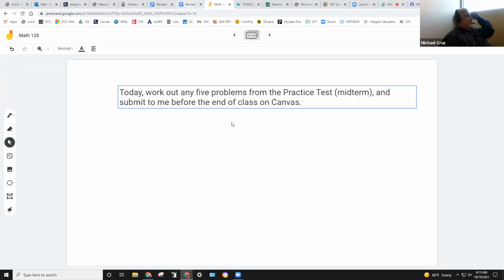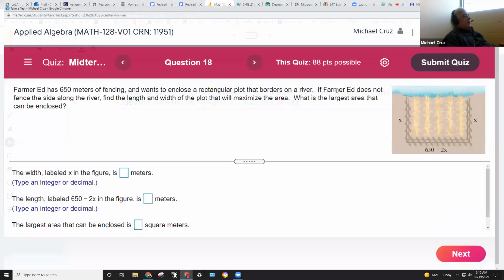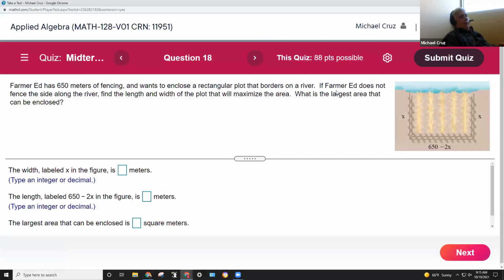Basically, what you're doing is, all right, can you see the little picture there? They're setting it up for you. Remember, x is the width, and 650 minus 2x is the length.